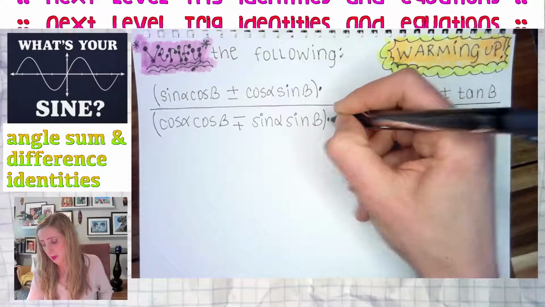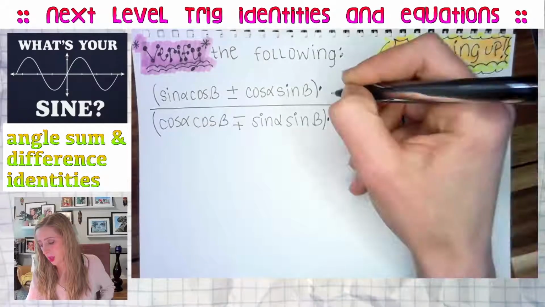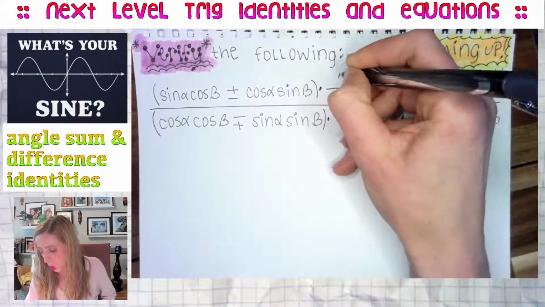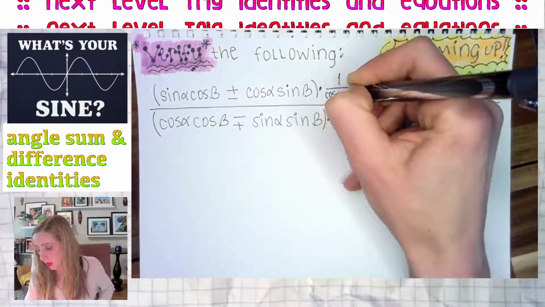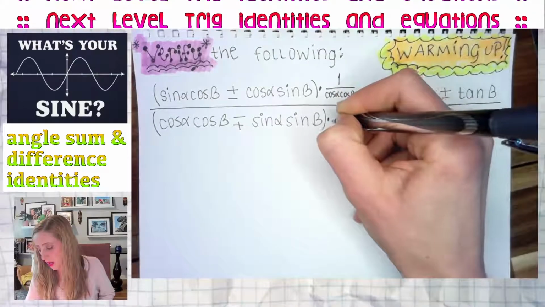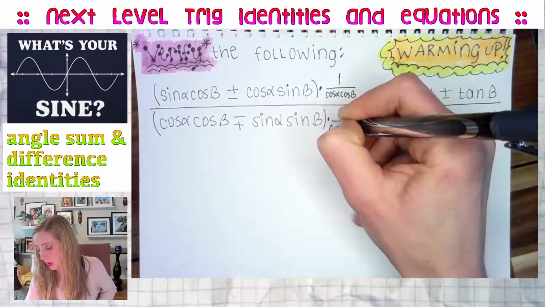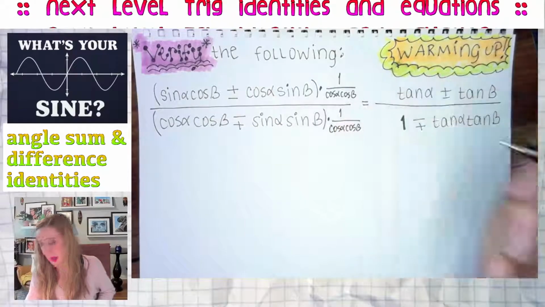I'm going to multiply the bottom. What am I going to multiply by? I need it to become a 1. So I'm going to multiply by 1 over cosine alpha, cosine beta, and the same thing down here. 1 over cosine alpha, cosine beta.